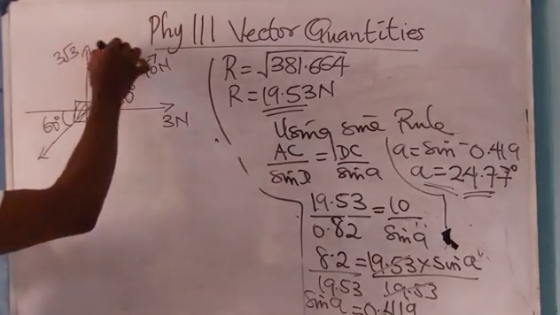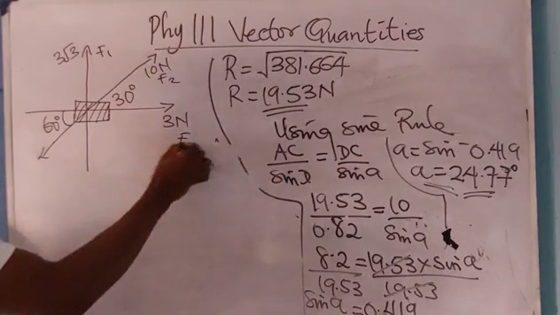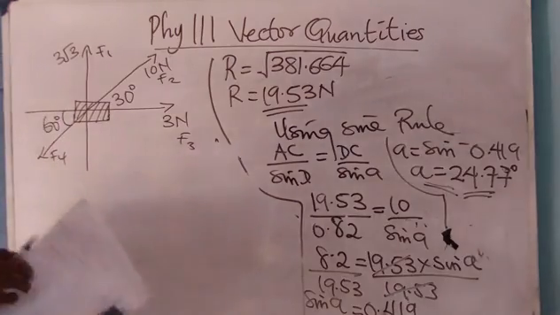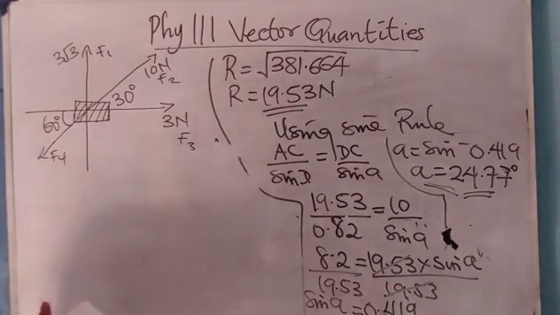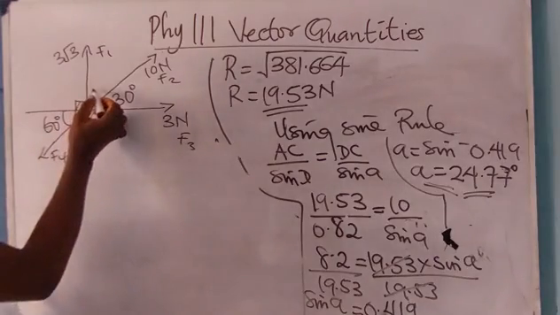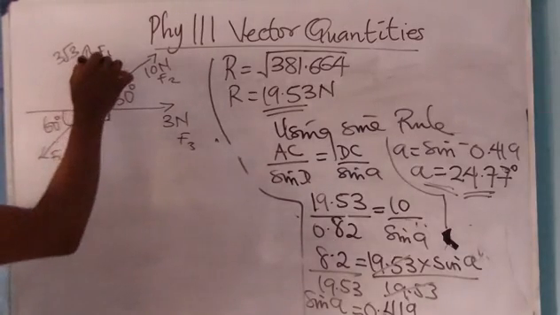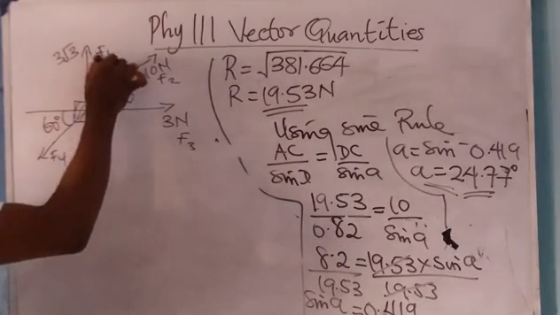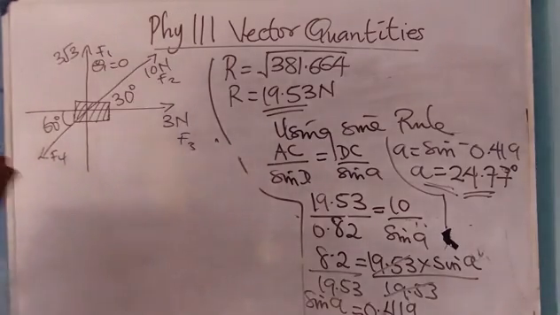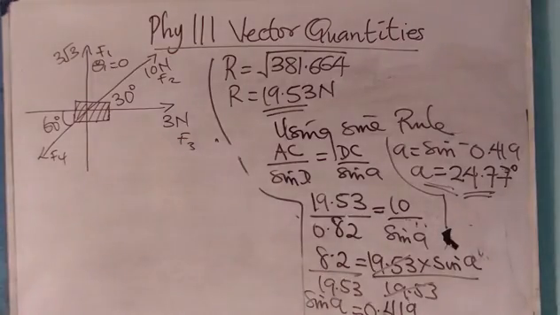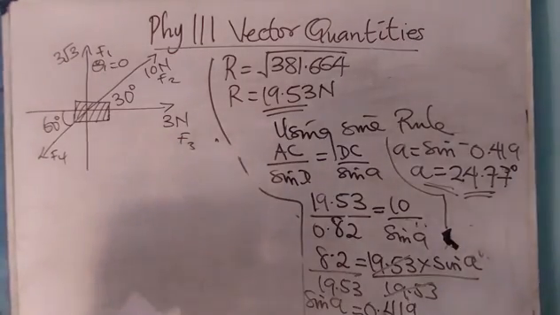Newton. Don't forget this F1, F2, F3, and F4. They gave us F1, the angle for F1 as 0. Then F3, what did they give us as F3? The angle for F3, I've forgotten.